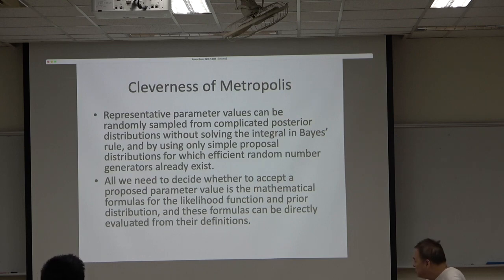If you use this type of random walk approach, its mechanism automatically forbids you to move to those areas, because if the p theta is close to zero, you just don't go there.